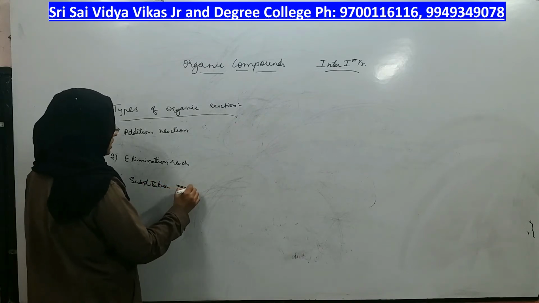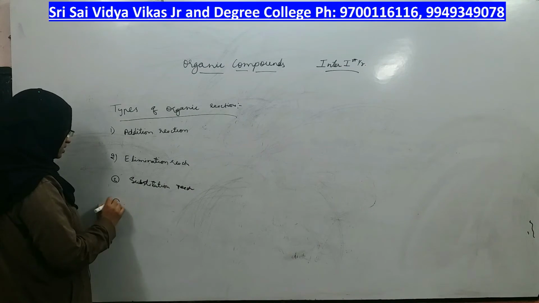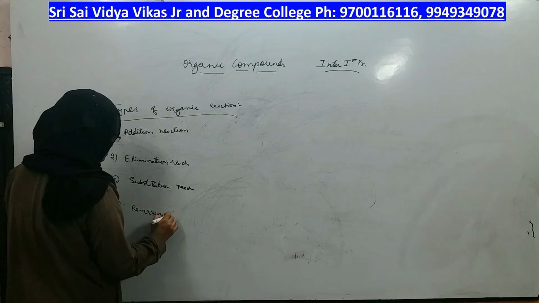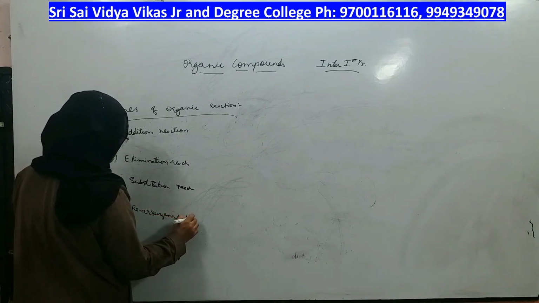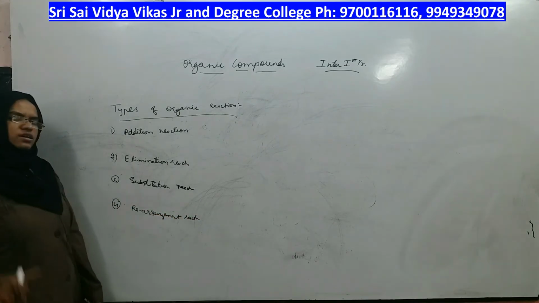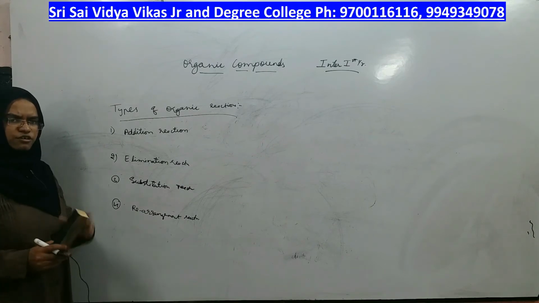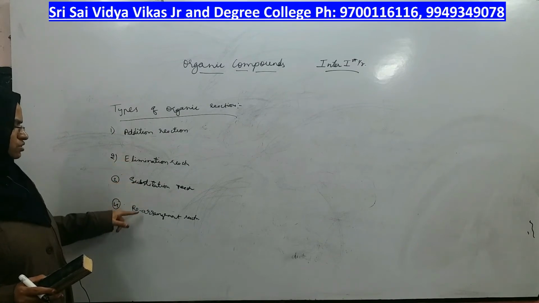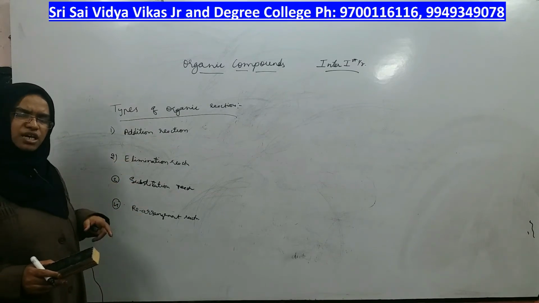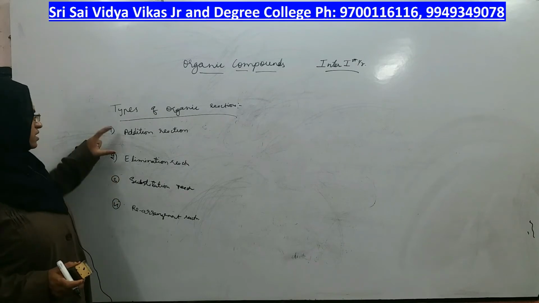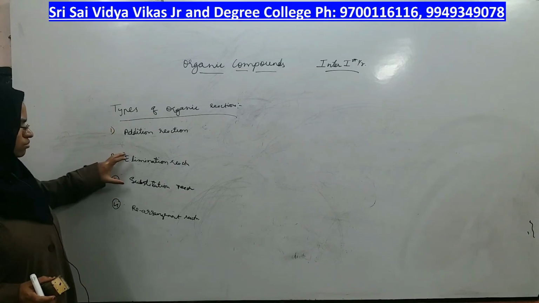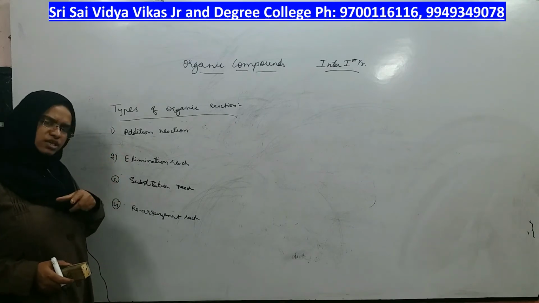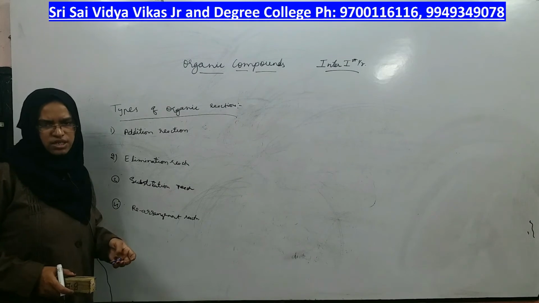And the last type is rearrangement reaction. Right? In general, there are four types of organic reaction: addition, elimination, substitution or rearrangement. Sometimes a single reaction can have both addition and elimination, or both elimination and substitution, or both substitution and any of the two can take place, any one also can take place, right?